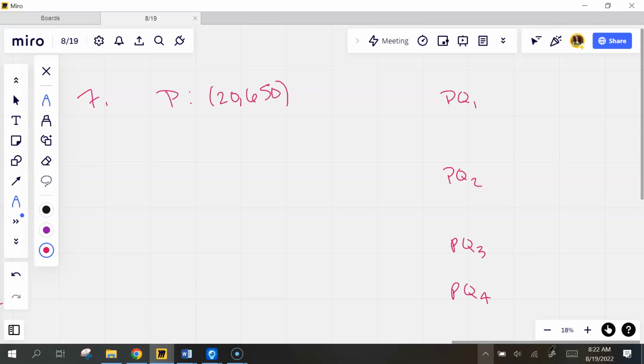20, 650. Q1 looks to be about 10, 225. Q2, what y'all put for Q2? 14, 375.